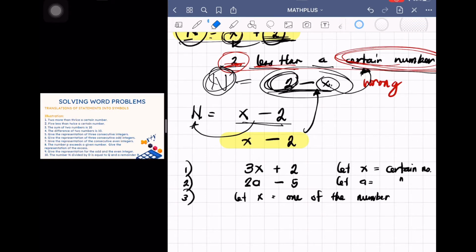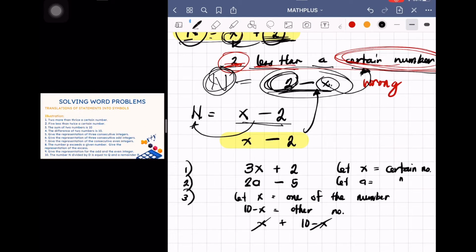So that means, 10 minus x will be the other number, right? If one of the number is x, and the other number definitely would be 10 minus the value of x, kung ano man yung tira, yun yung other number natin. Kasi pag pinagsama natin to, you have x plus 10 minus x, you'll be able to cancel x, and you'll have a sum which is 10.